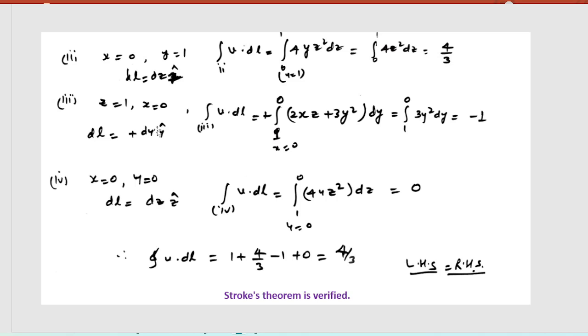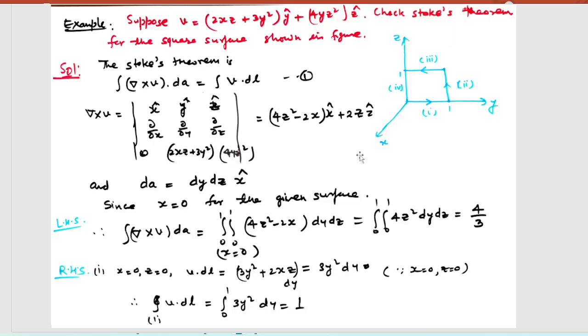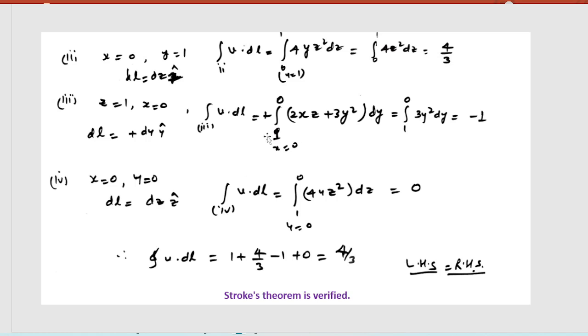Similarly for the third case, it is again in the y direction, so B dot dl equals this value into dy. We can take the dl vector as positive, but because the limit is going from 1 to 0, it will be negative. Here y is going from 1 to 0, and other terms are 0 because x equal to 0, so only 3y square will be there.